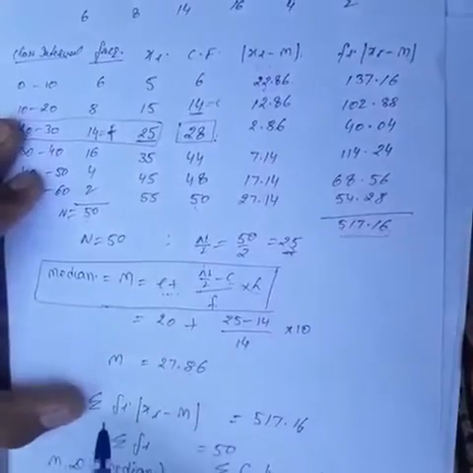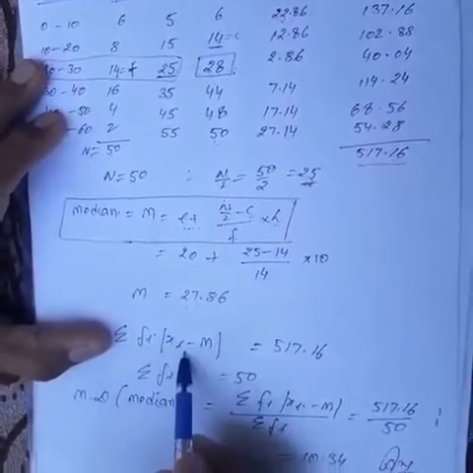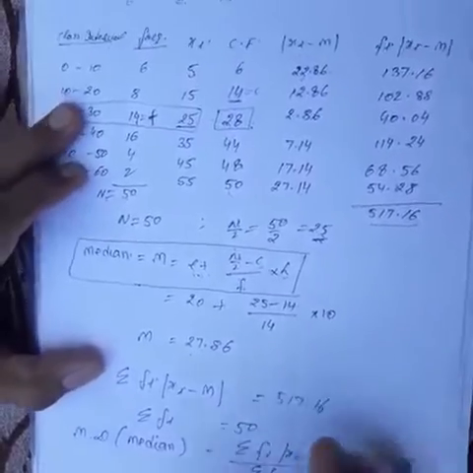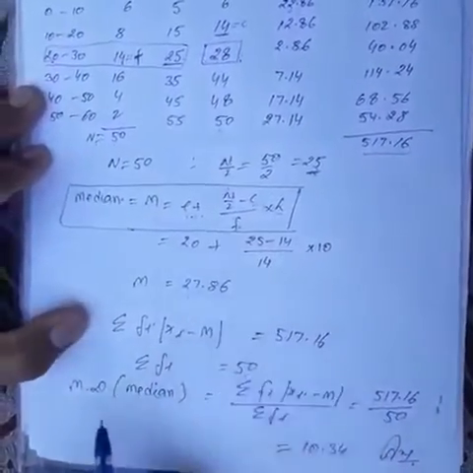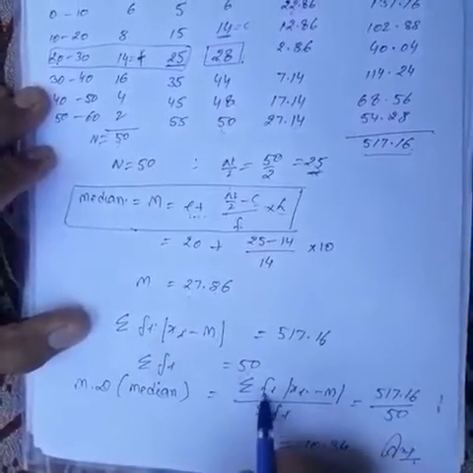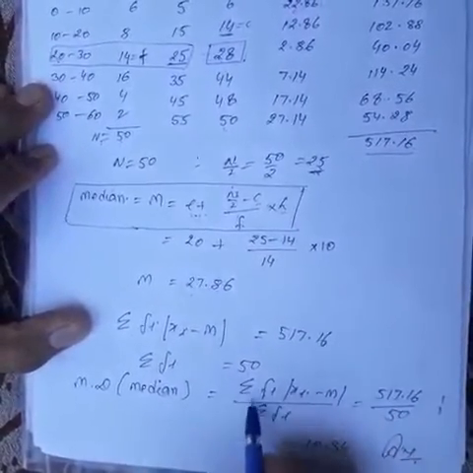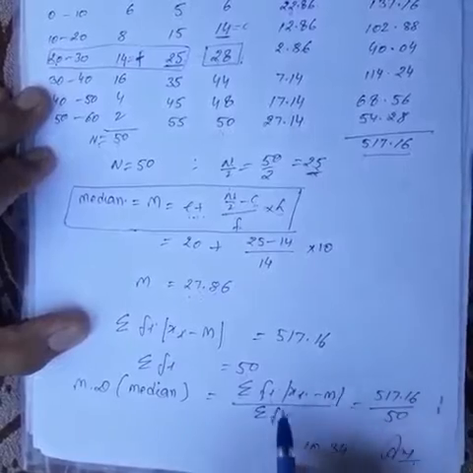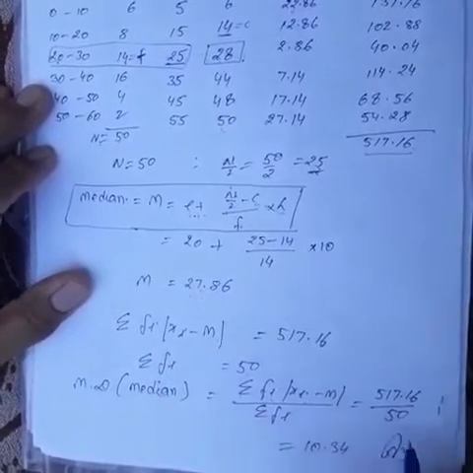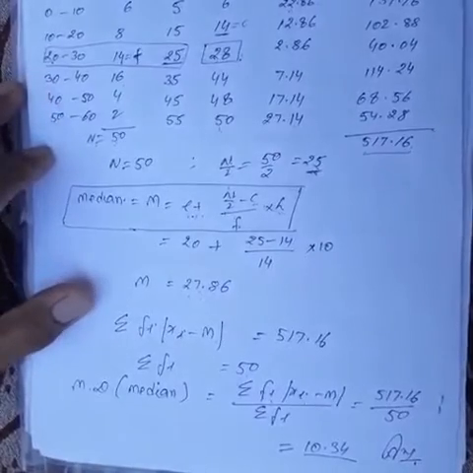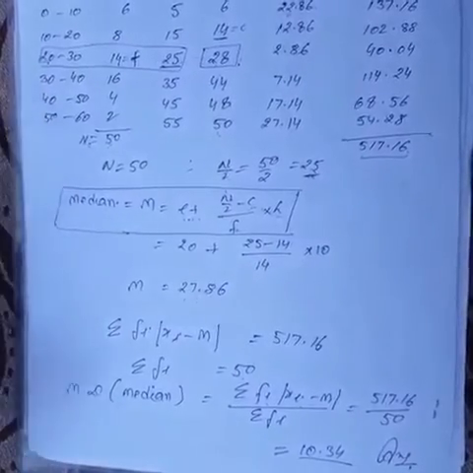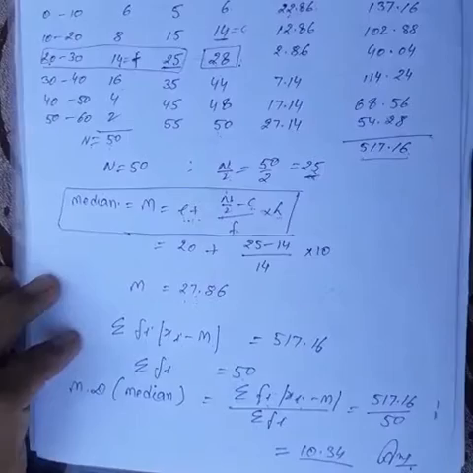So this is summation of fi into mod of xi minus M. Summation of fi, that is 50, we have already calculated, and apply the formula: summation of fi into mod of xi minus M upon summation of fi, and calculate, it will be 10.34. I hope it is clear to all of you. You try all questions of 15.1. Thank you.